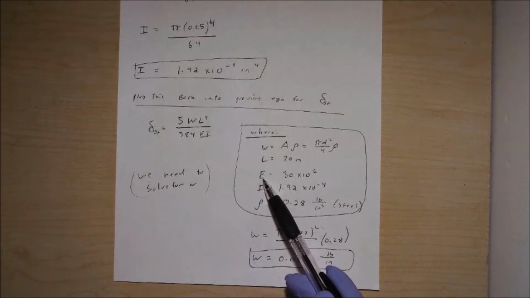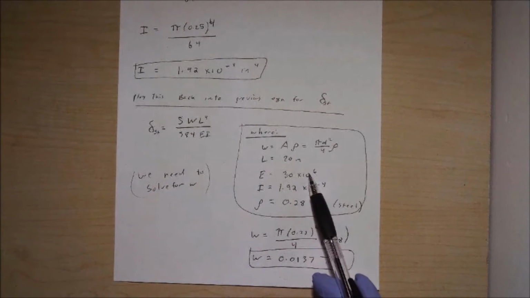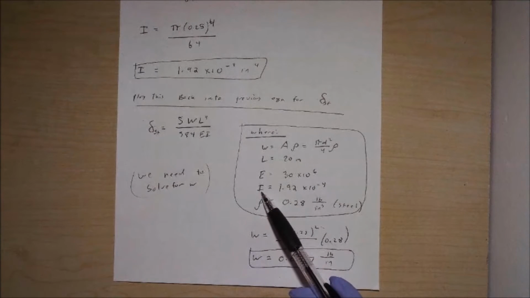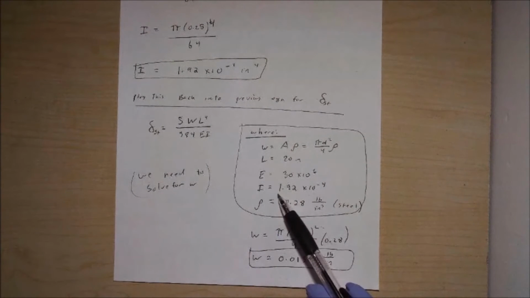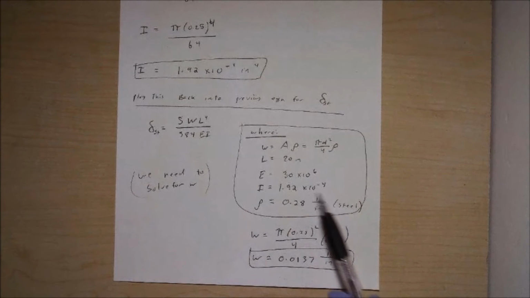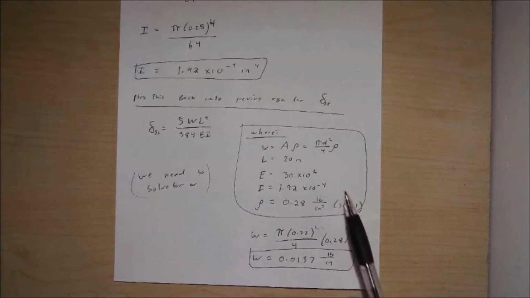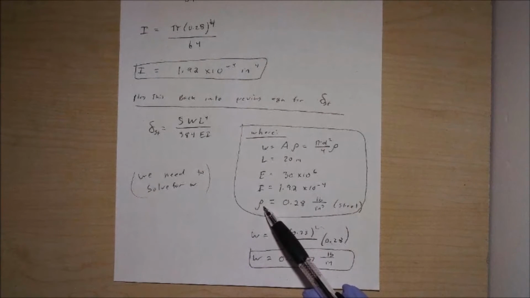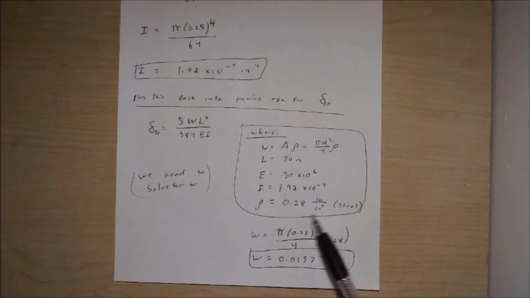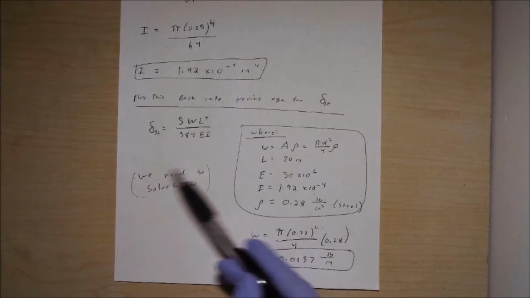We looked up our E from the back table, it is 30 times 10 to the 6. Our I value we just solved for above, our moment of inertia, is 1.92 times 10 to the negative fourth. We can look up our rho value here for steel in the back of our textbook, and we find that this is 0.28 pounds per inches cubed.